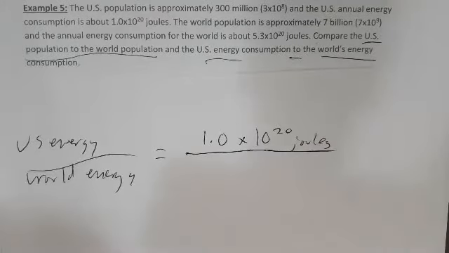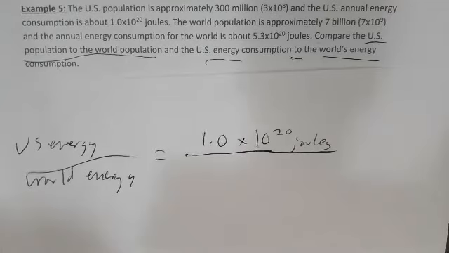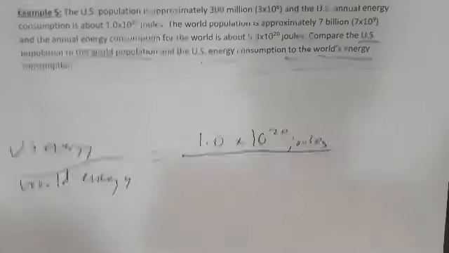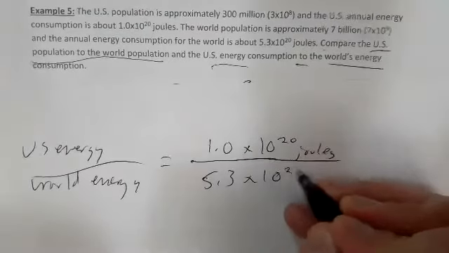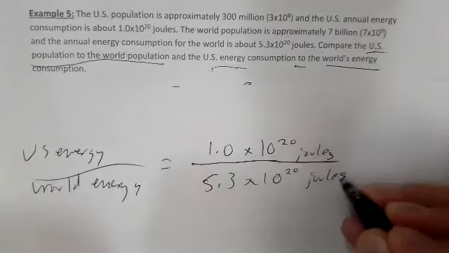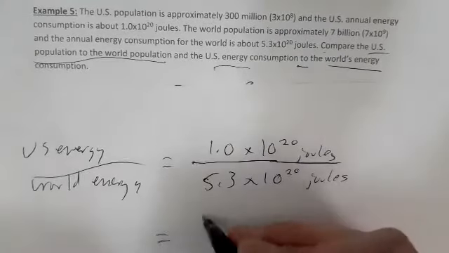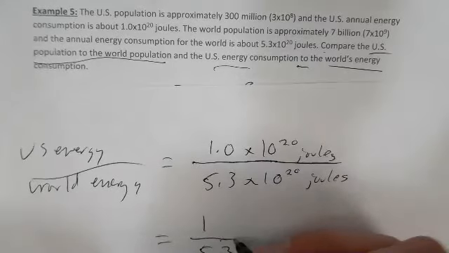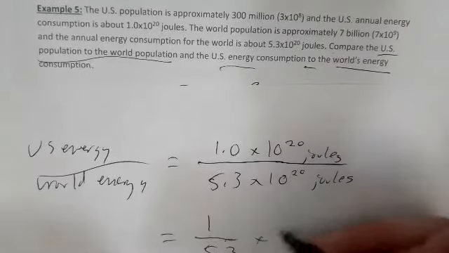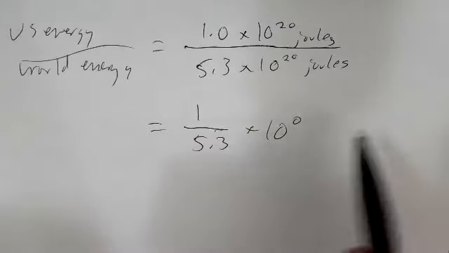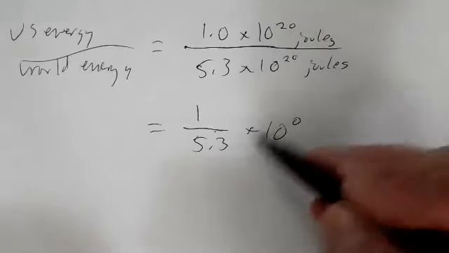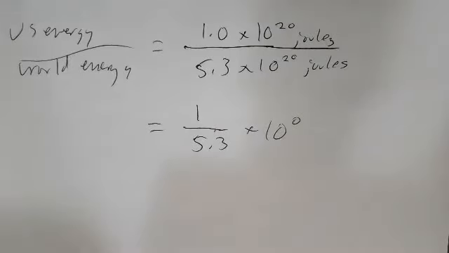The world energy consumption is 5.3 times 10 to the 20th joules. So again, I can do the 1 over 5.3 separately from this times 10 to the 0. This sort of thing is just a really fancy way to write 1, so we really don't even need to worry about this. All we really need to worry about is the 1 over 5.3.